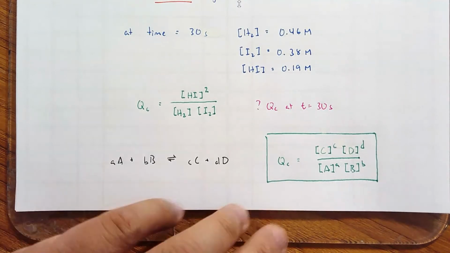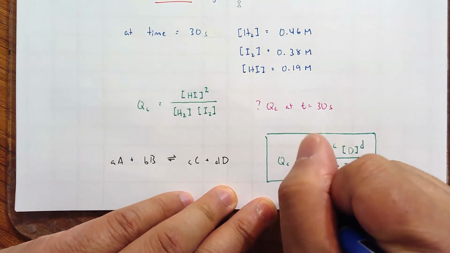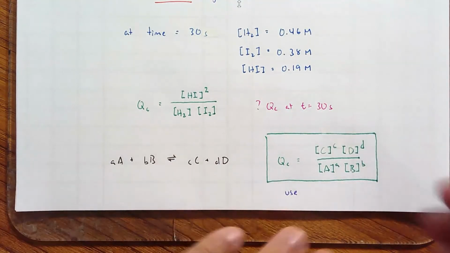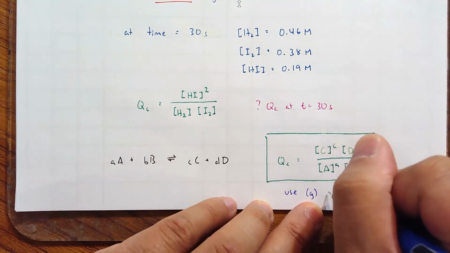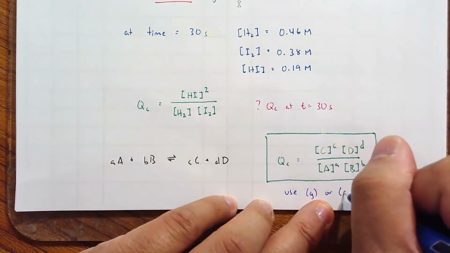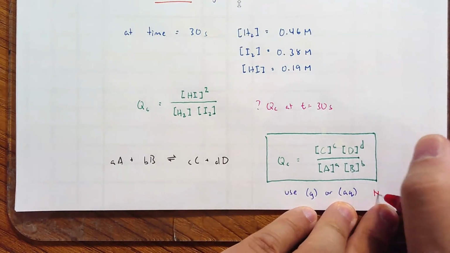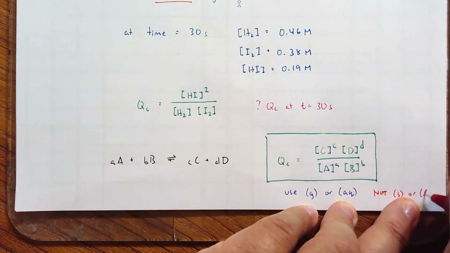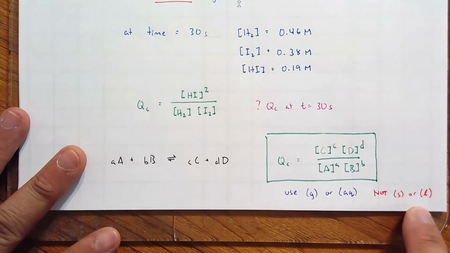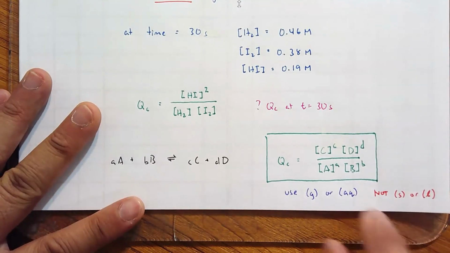So you've got to remember this one very important point. You can only use compounds that are gas or aqueous, not anything that's a pure solid or pure liquid. Just look for an S or an L. Do not use that in the reaction quotient.